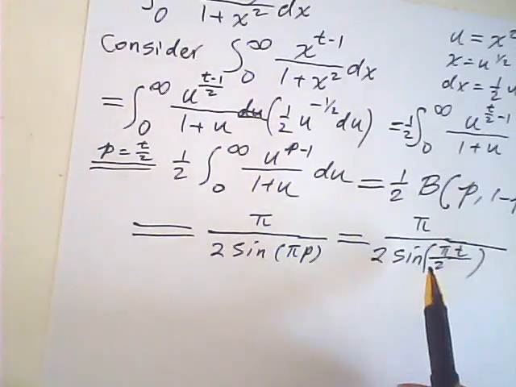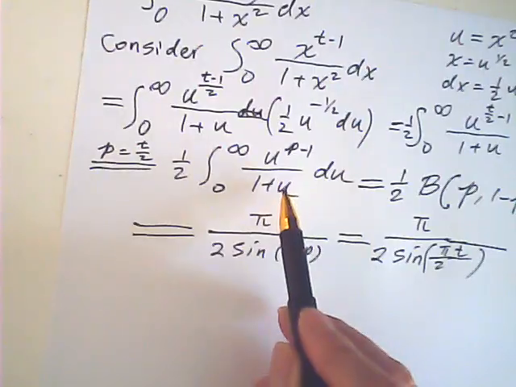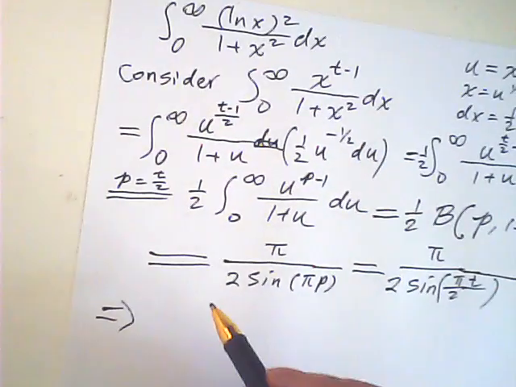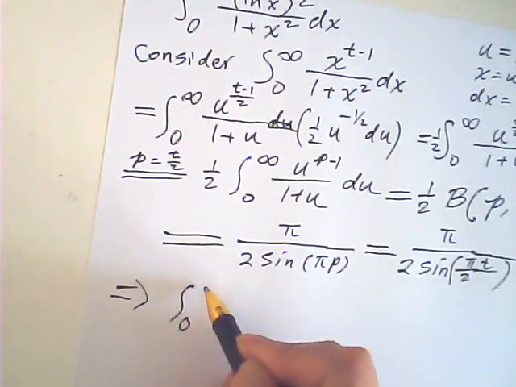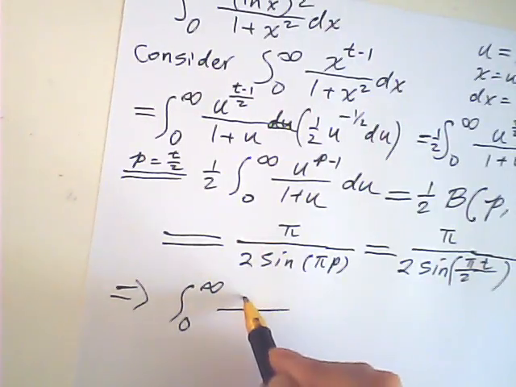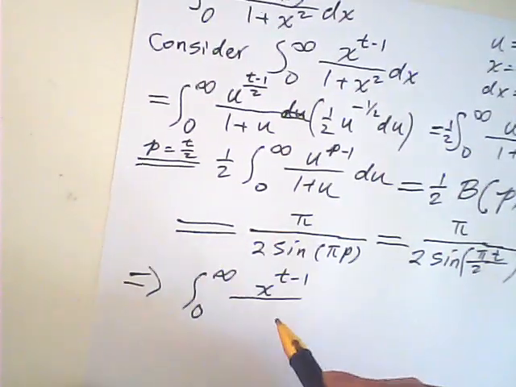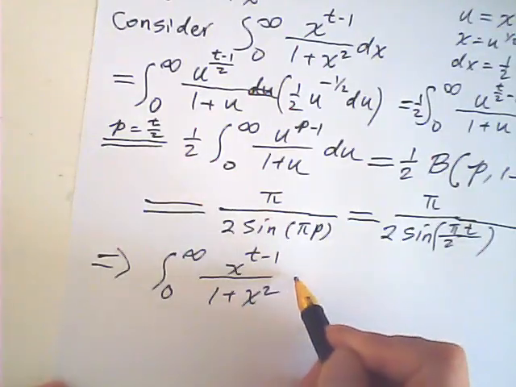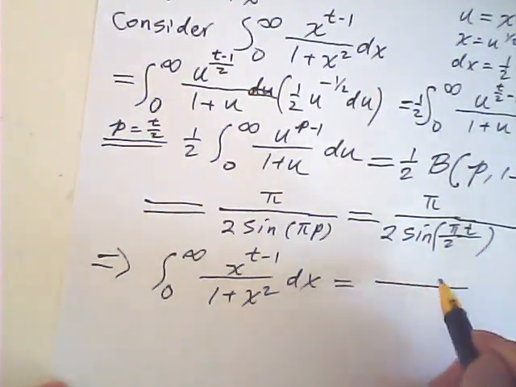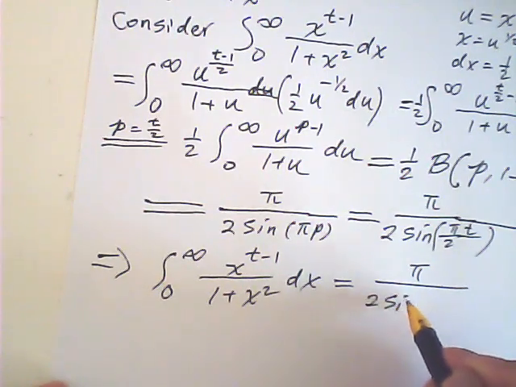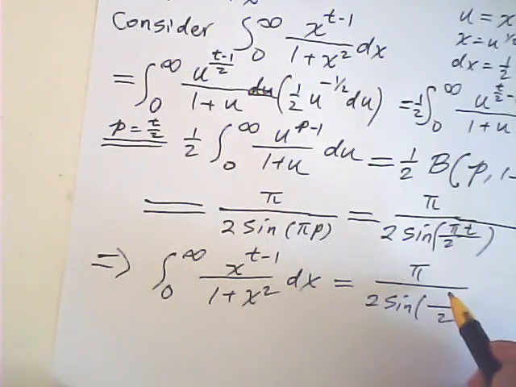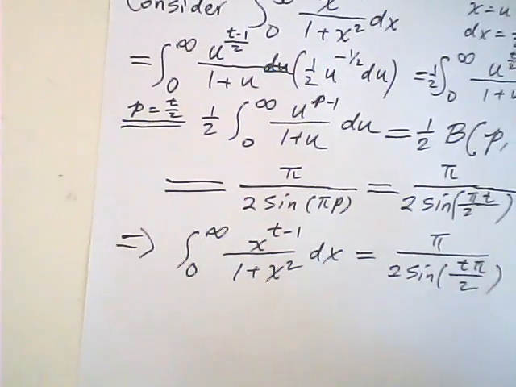In other words, this is equal to that, equal to this, which means that my integral of x to the t minus 1 over 1 plus x squared dx is equal to pi over 2 sine of half t pi, pi t over 2, same thing.